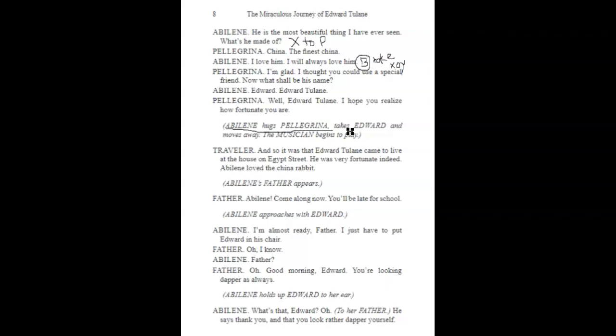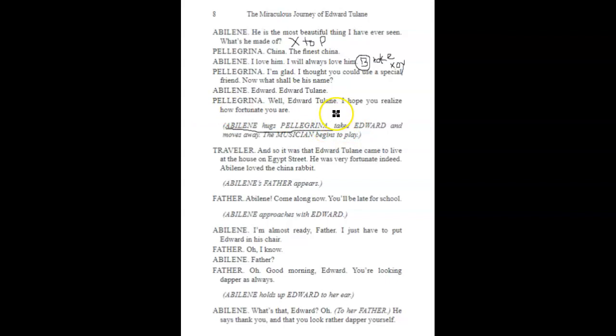Maybe she doesn't take Edward and move away. Maybe, I didn't mean to make that little circle. There we go. Maybe instead of taking Edward and moving away, she stays with Edward.